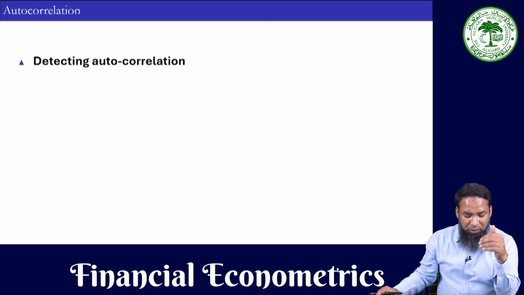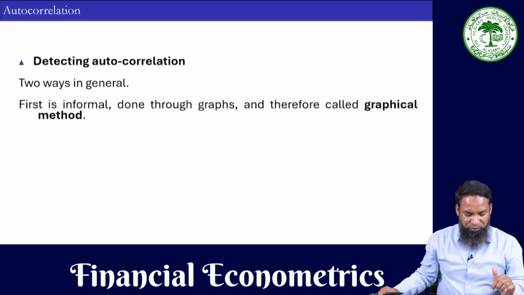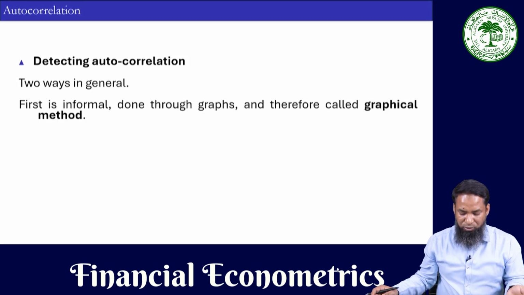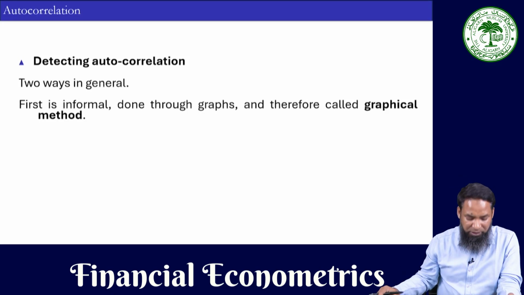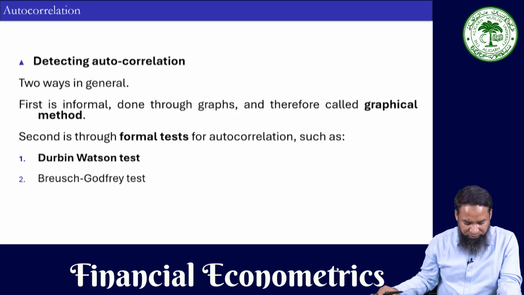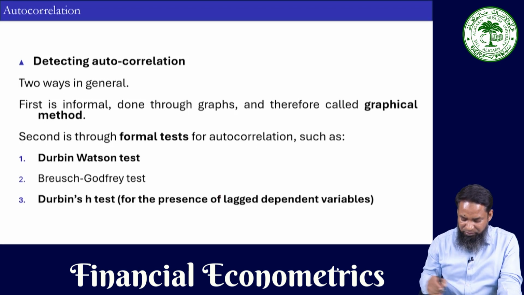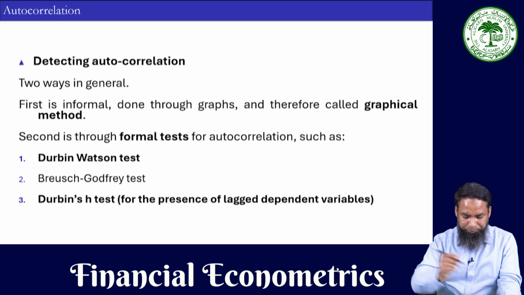Now, how do we detect autocorrelation? There are two broad groups. The first is informal, done through graphs and therefore called the graphical method. Second, we have formal tests such as the Durbin-Watson statistic, the Breusch-Godfrey test and Durbin's h test. We will talk about those in detail.